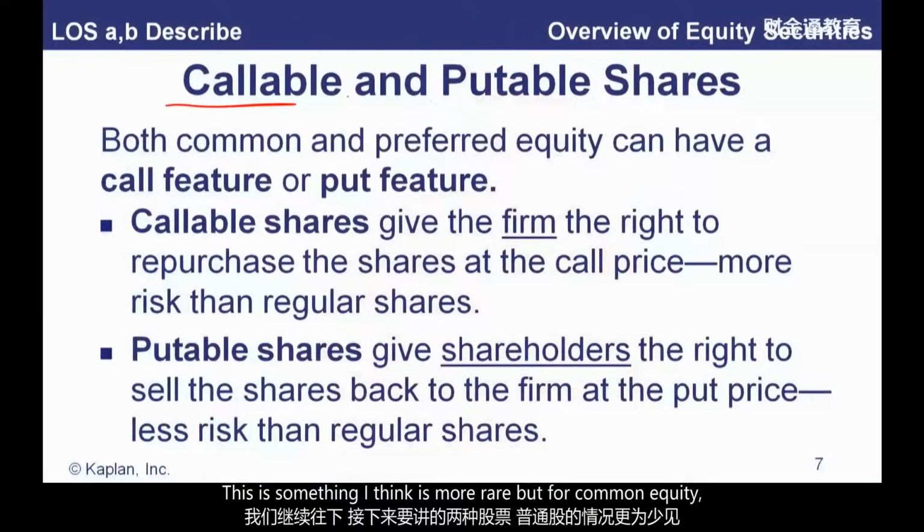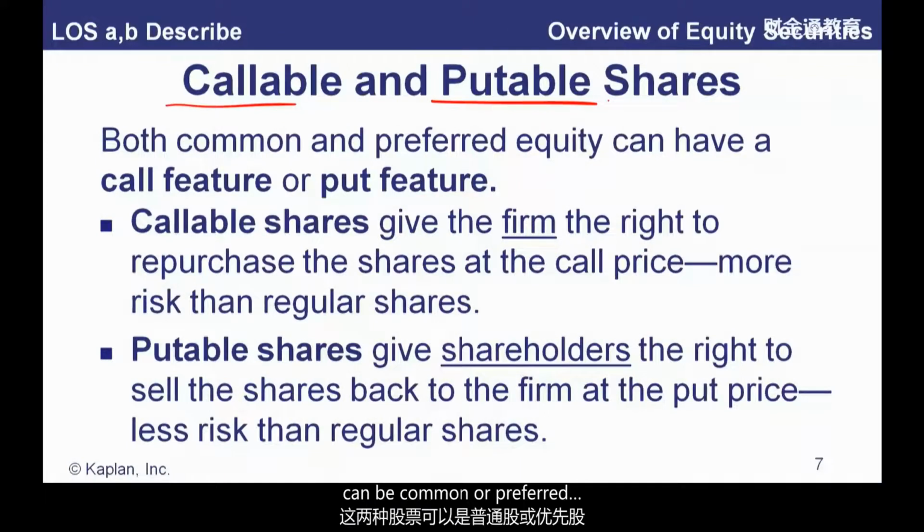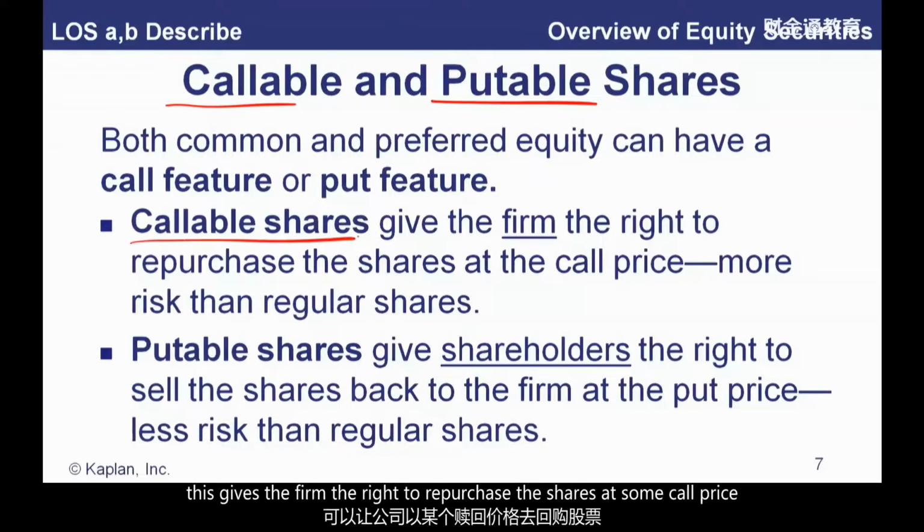This is something that I think is more rare, but for common equity, it can be either common or preferred, and it used to be just preferred, but now for either, there are callable and puttable shares. So a callable share of common stock gives the firm the right to repurchase the shares at some call price.